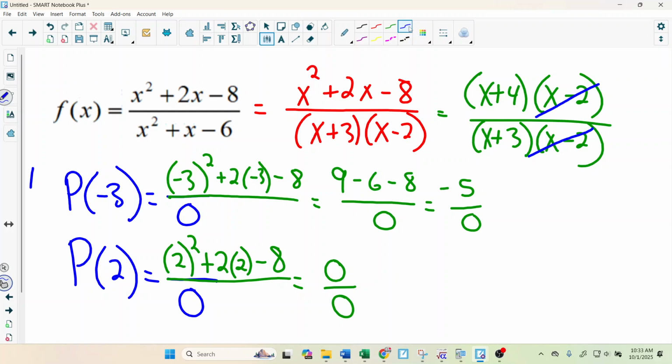So that tells us, what do we have at 2? If we think of discontinuity, a number over 0 is an infinite discontinuity, and that's going to be a vertical asymptote. What happens when we get 0 over 0 and then we can remove those factors? That's a removable discontinuity.